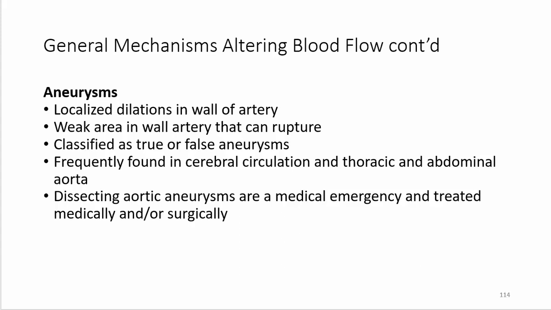False aneurysms are when there's a break in the intima, and blood can get behind the tunica intima into the tunica media and cause a bulging of the artery, but the laminar flow through the artery itself isn't terribly disrupted. It looks like an aneurysm, but it doesn't act like an aneurysm. It's not particularly a weak spot.